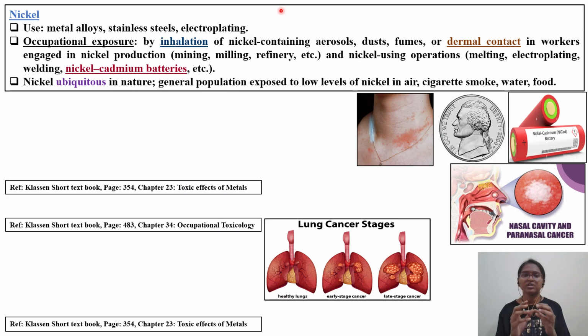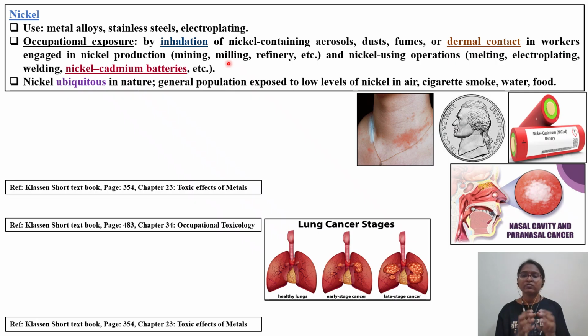For the industrial workers working with nickel, exposure is either through inhalation or through skin contact, dermal contact. The sources of inhalation exposure for workers are nickel-containing aerosols, dust and fumes, and skin contact is through those working in the mining, milling, refinery, electroplating or melting industries.